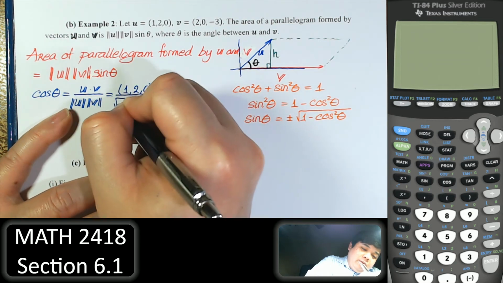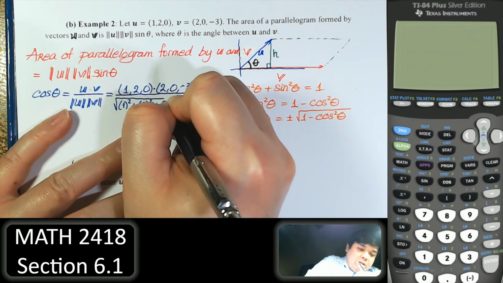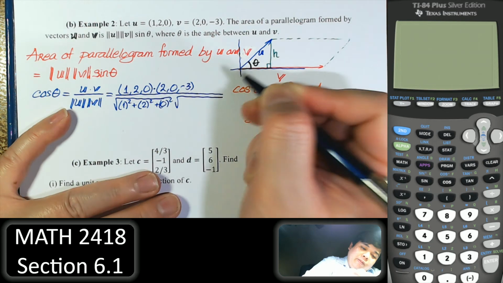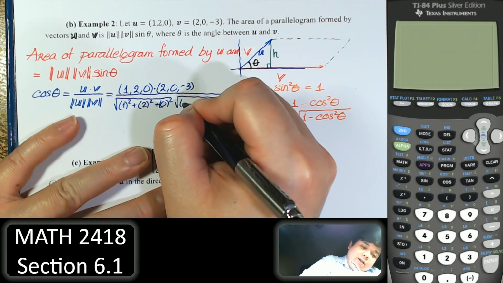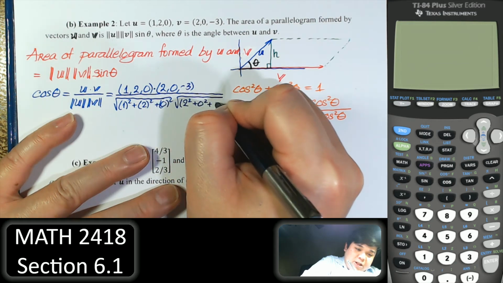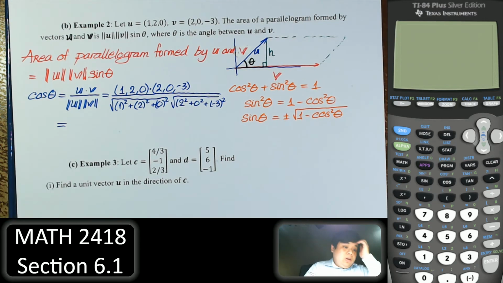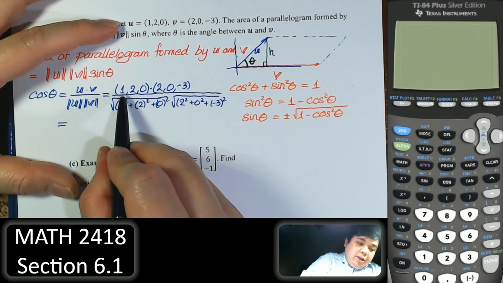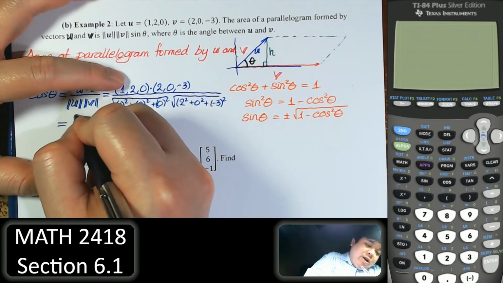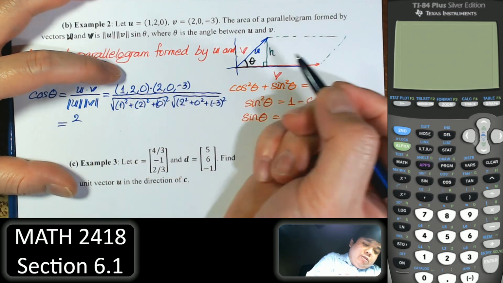The denominator is the square root of 1 squared plus 2 squared plus 0 squared, times the square root of 2 squared plus 0 squared plus negative 3 squared. So 1 times 2 is 2, 2 times 0 is 0, and 0 times negative 3 is 0.